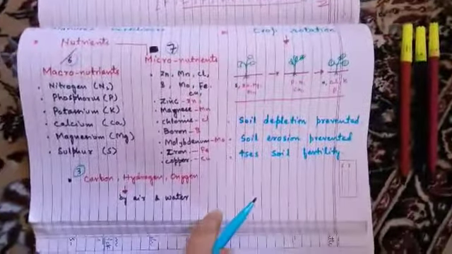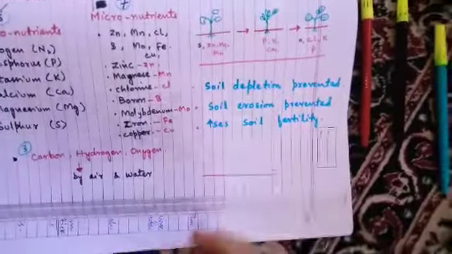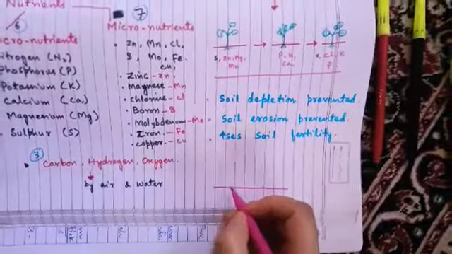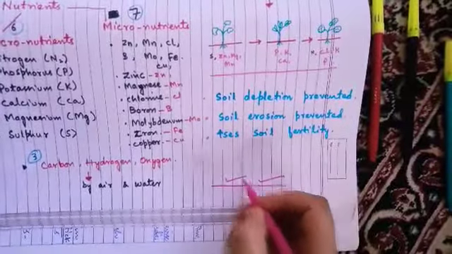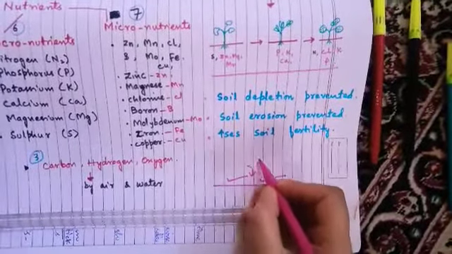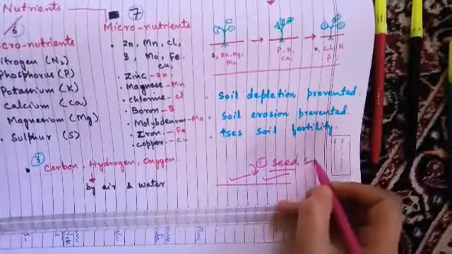First of all, whenever a farmer intends to grow a crop, he first prepares the farmland and makes it fit for sowing seeds. Then the first step is seed sowing.